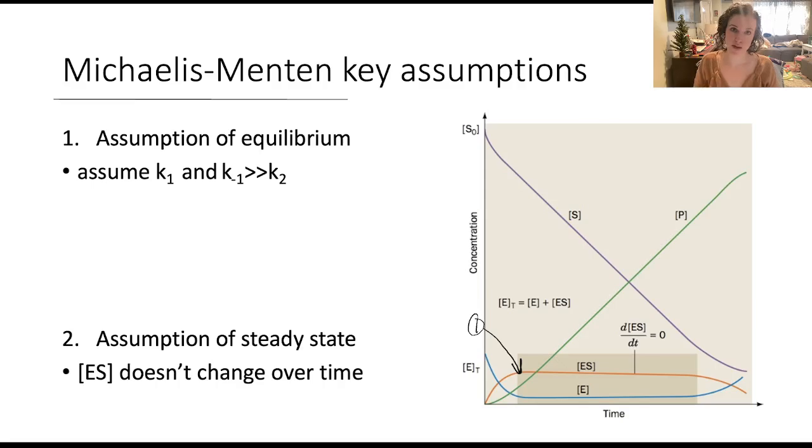Now, where on the graph have we also met assumption 2? Steady state, where the concentration of enzyme and substrate complex isn't changing over time, okay? That is represented by this darker box that starts with assumption 1, but then ends later on once we see after this point, folks, that the enzyme substrate complex concentration starts to drop off.